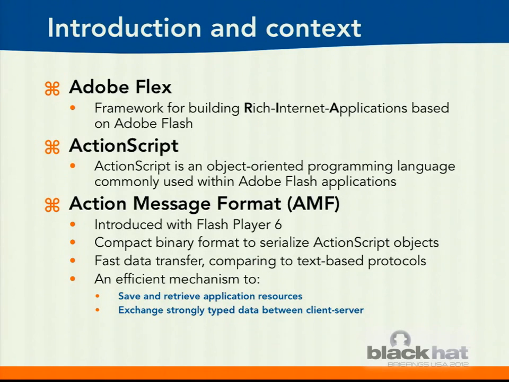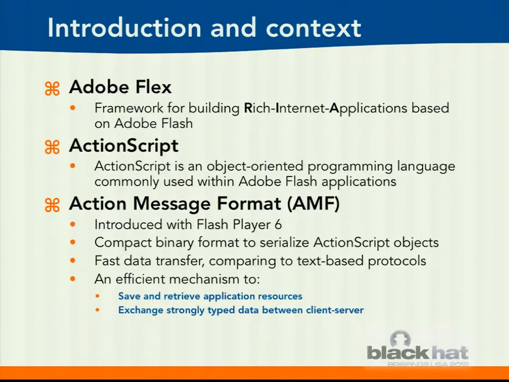Starting from Flash Player 6, Adobe introduced AMF, which is a binary protocol to basically serialize ActionScript objects. The ActionScript object graphs are basically properties in the form of key value pairs.